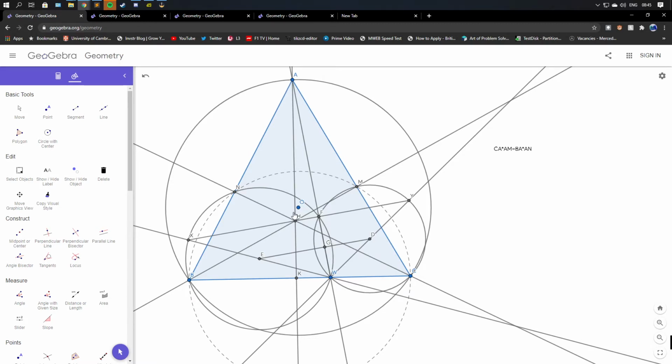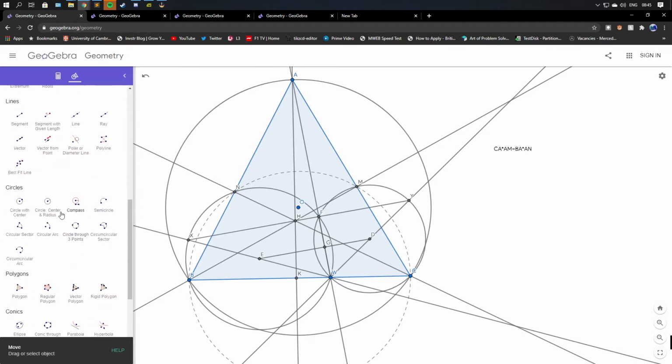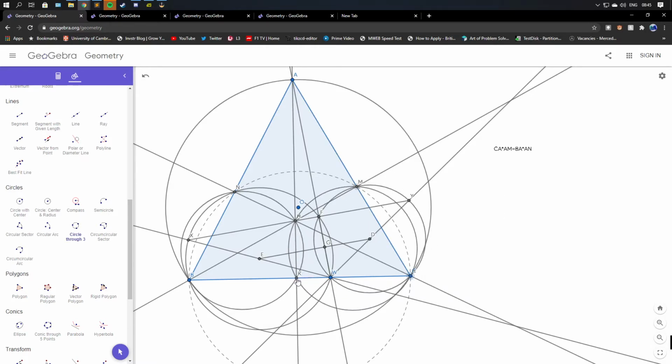And furthermore, we also know that there is a circle here that passes through N, B, and K, which passes through H, and similarly a circle that passes through C, M, and K, which goes through H. That is a very well-known thing.